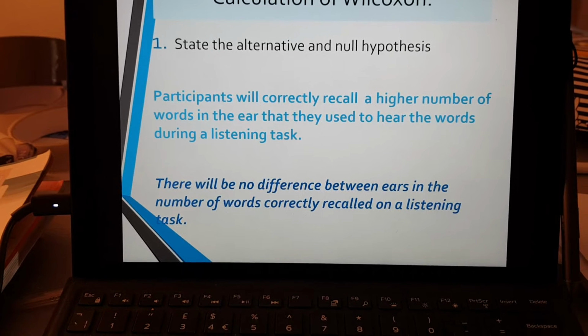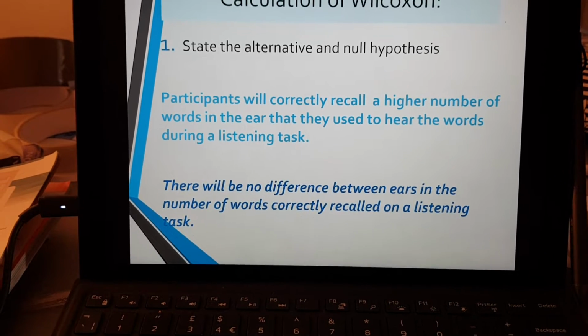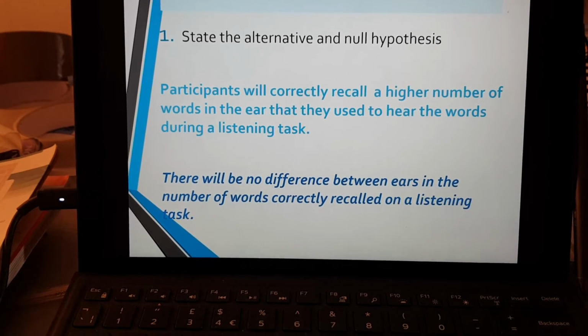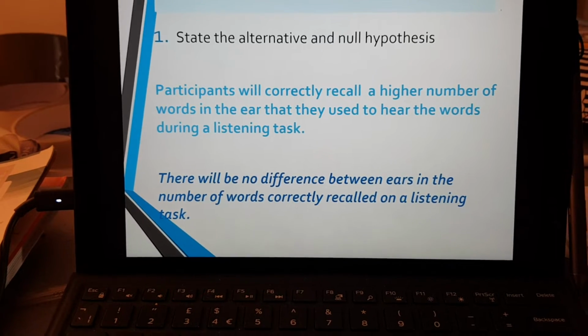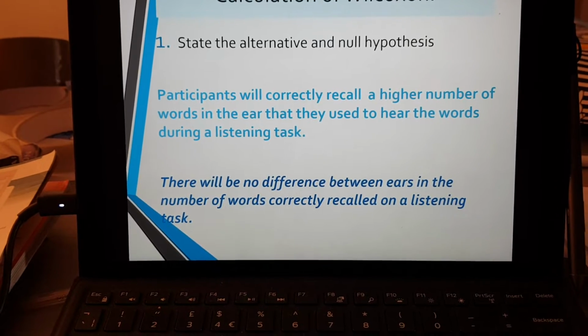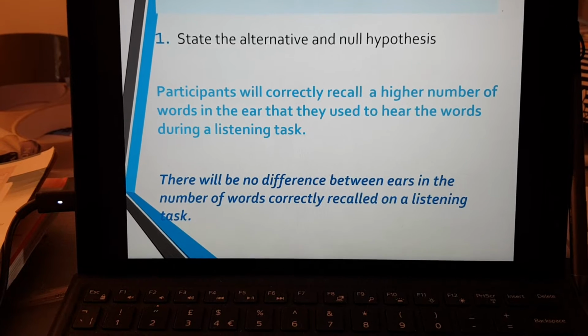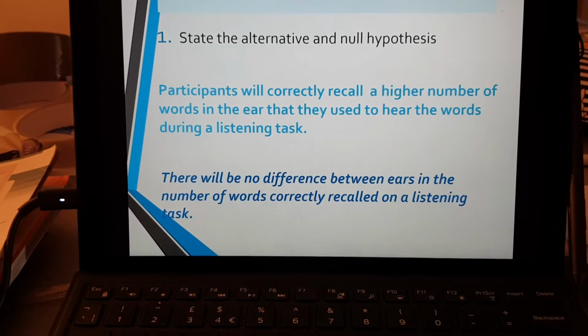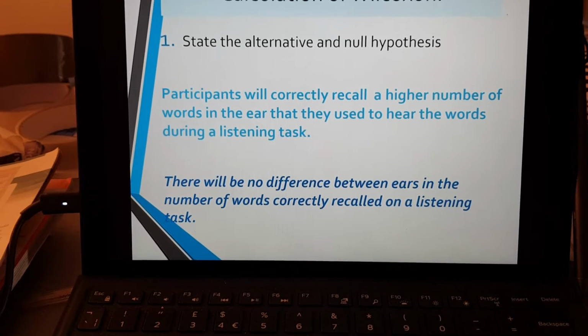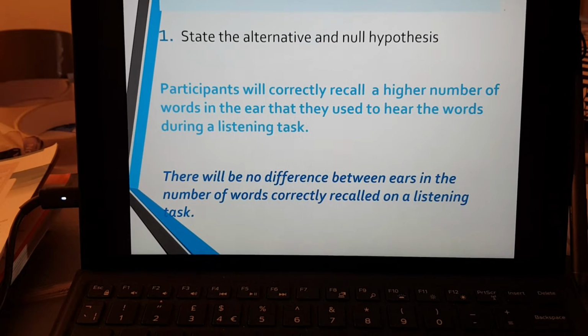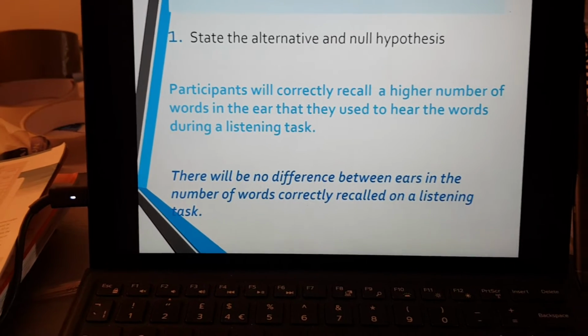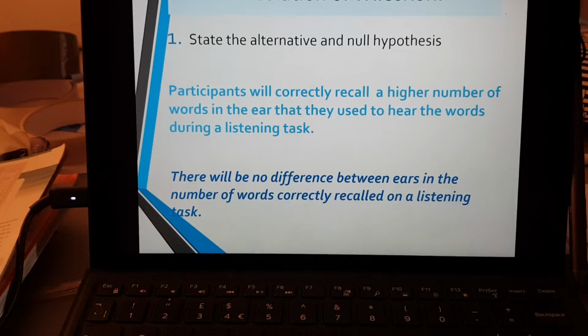So our variables are clear. We're saying a higher number of words and we're stating the direction of change. And then our statement of no effect, our null hypothesis, we're saying that there's going to be no difference between the ears in the number of words correctly recalled during the dichotic listening task.